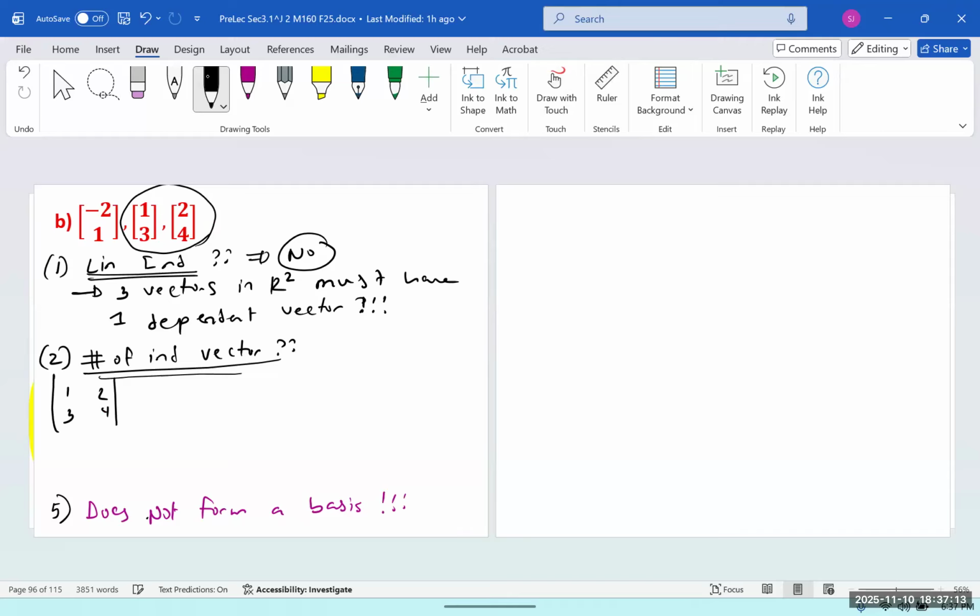Look for their determinant. What's the determinant of 1, 3, 2, 4? You do right diagonal, which is 4, minus left diagonal, which is 6. Is 4 minus 6 equal to 0? No. That means definitely these two are linearly independent.